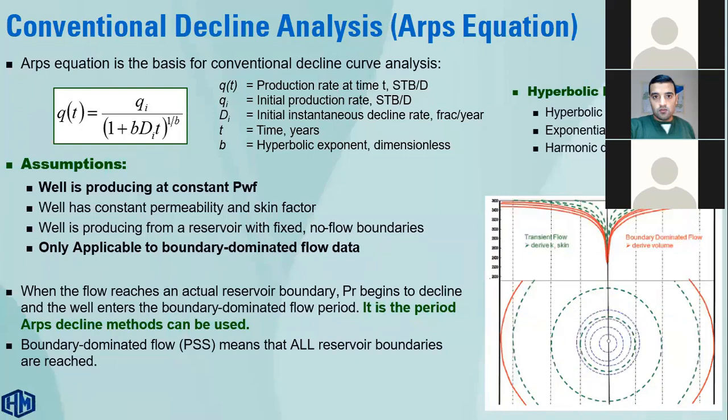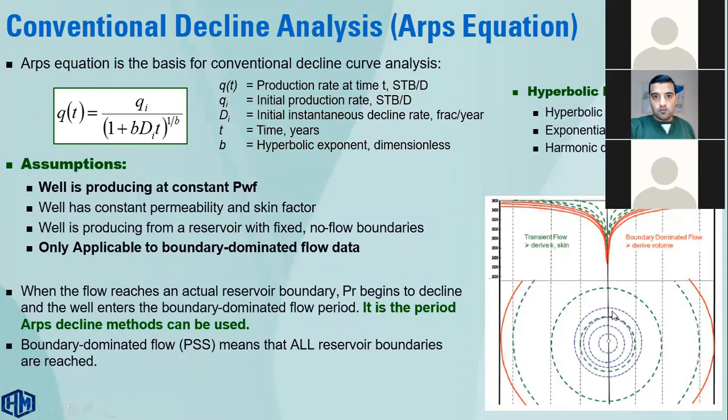Initially, if we have no production, the reservoir pressure will be constant at Pi. Once we have production, as you can see in this animation, a pressure transient is created at the wellbore. This pressure transient will be moving in the reservoir based on the reservoir properties, like reservoir permeability, fluid viscosity, and so on.